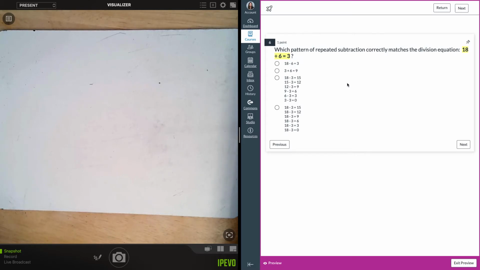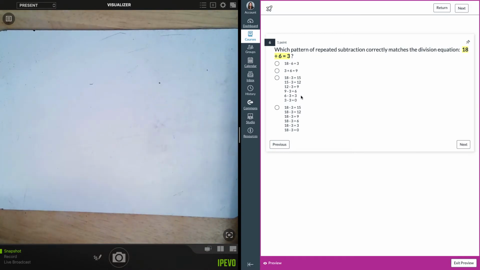Okay? So is 18 divided by 6 equals 3 going to be 18 minus 3 equals 15, and then 15 minus 3 equals 12, then 12 minus 3 equals 9? I'm trying to remember back to my math book, and I can remember that that is what it was showing me.